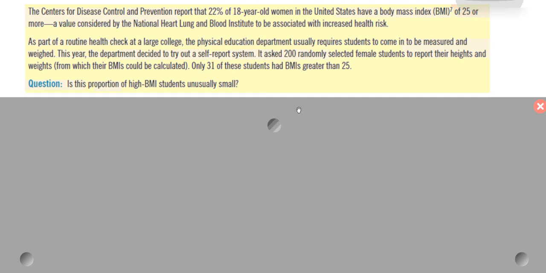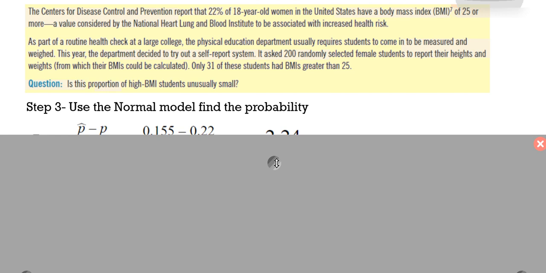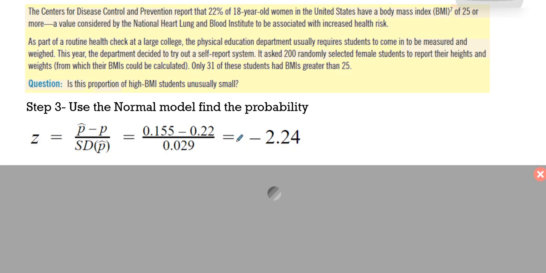Right? So now we just math, right? Now we're going to do some math. We still calculate the z-score just like we always have, right? We're using a normal model, so that's going to be a z-score. 0.155 minus what we would expect divided by the standard deviation.